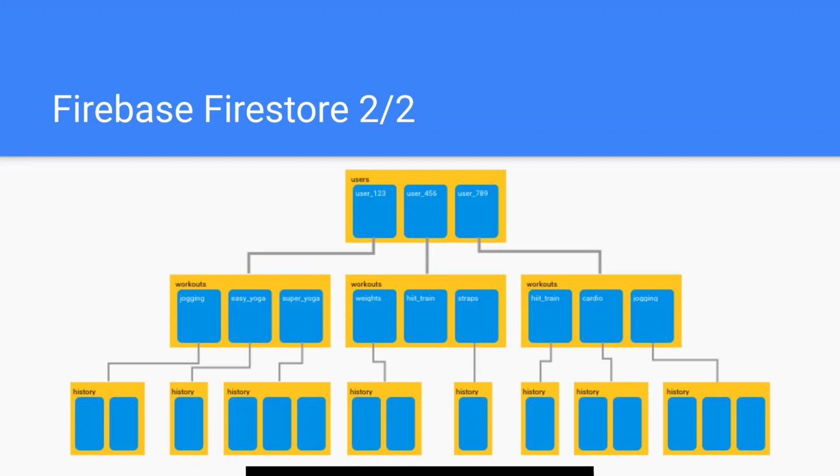And every collection will have documents again. We could have jogging, yoga, weights, whatever. And every document of a training could have its own collection again, basically with the history, having a document for each time we trained that specific workout. So that's how we would structure Firestore, and we'll look at that in a bit.